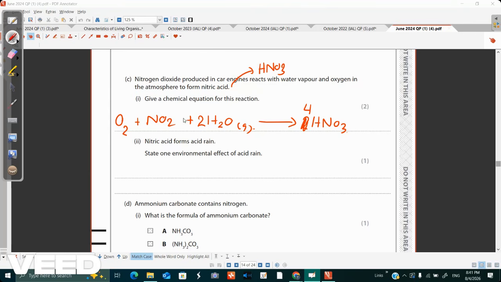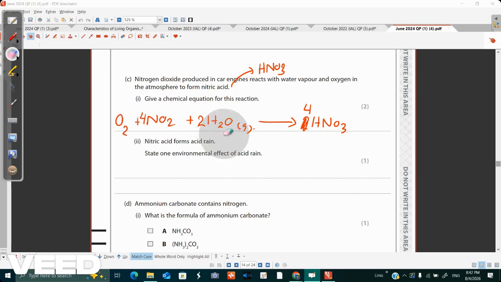So later finally we'll balance the number of oxygen. So you have here 12, 10, 12, right? It is all balanced. Okay. So remember, it comes with practice.